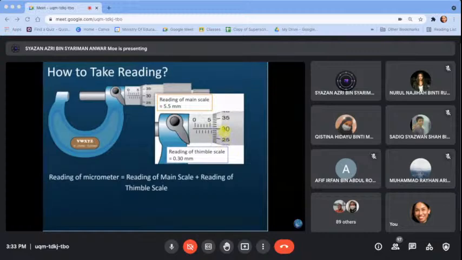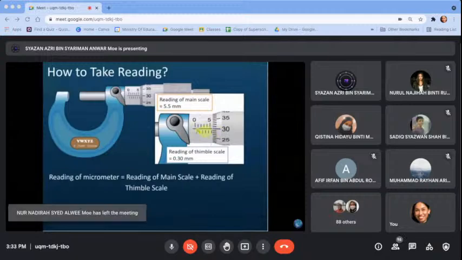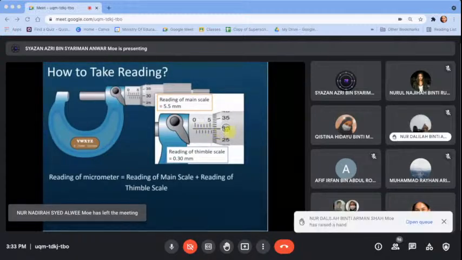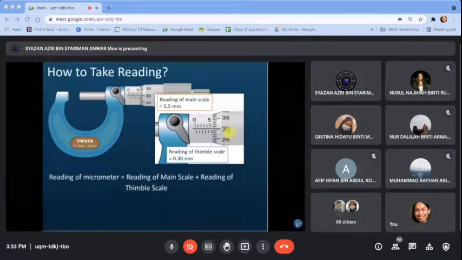This line is to see which line coincides with the straight line in the main scale. This is 30, right? It coincides with this straight line in the main scale. So the reading will be 30. But 30 is not 30 mm. It's 0.30 mm. Each one represents 0.01 mm. So 30 means 0.30 mm.